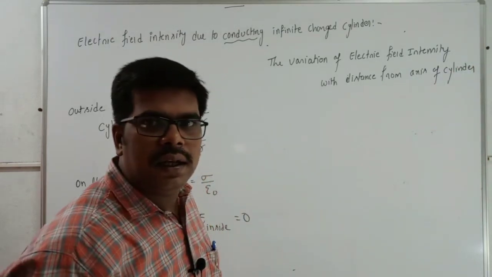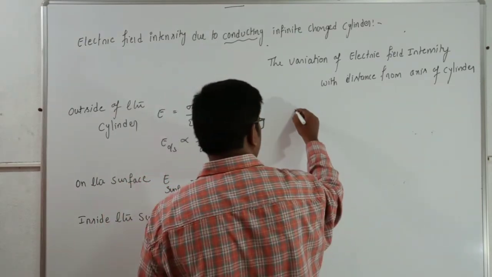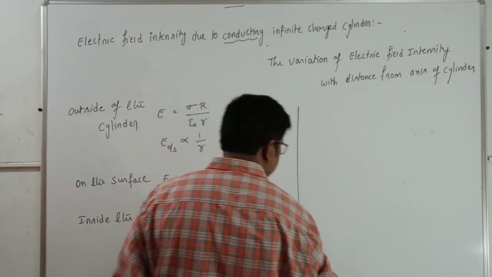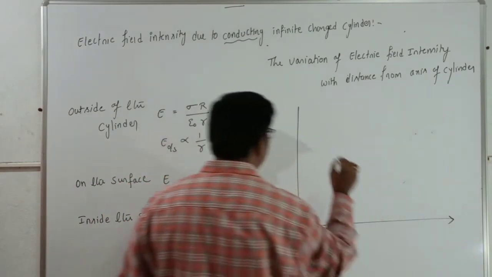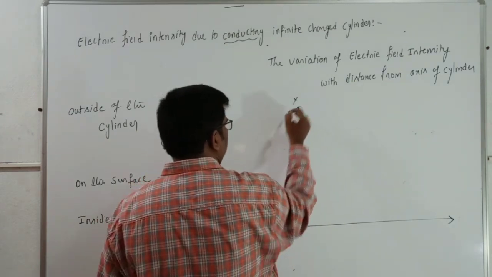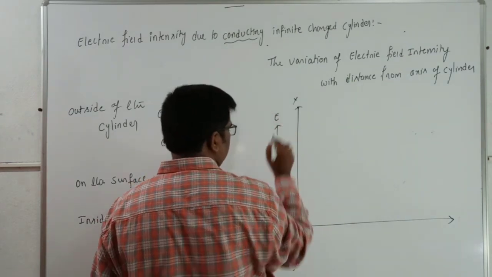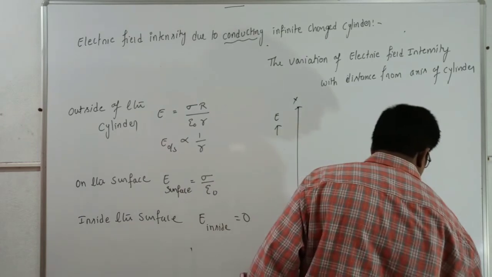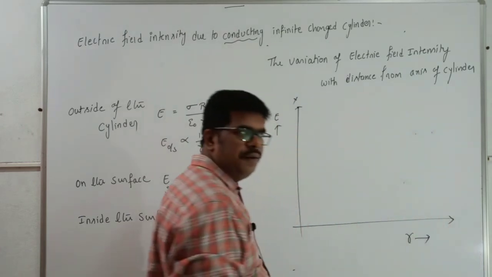If you take the graph like this, on the y-axis is electric field intensity and on the x-axis is distance from the axis.